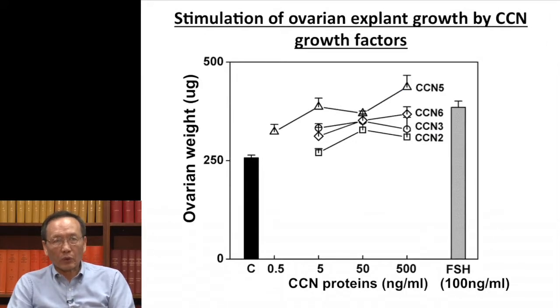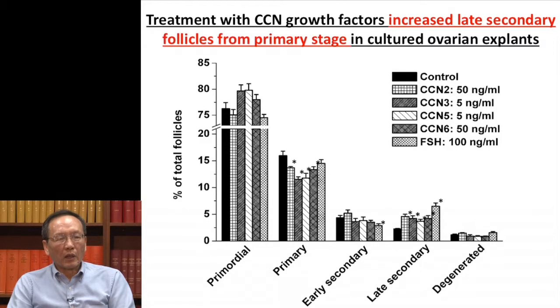and we check them using the ovarian explant culture method. During a 4-day culture, you can see the left-hand side control is small in terms of ovarian weight. FSH treatment, as expected, increased a lot, and then increasing doses of all 4 CCN growth factors will stimulate an increase in ovarian weight, and follicle counting shows on top an increase in late secondary follicles from the primary stage.